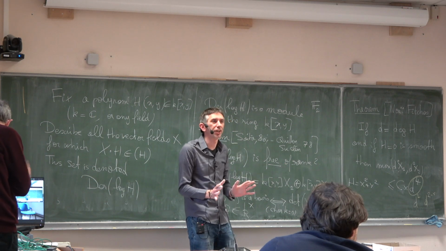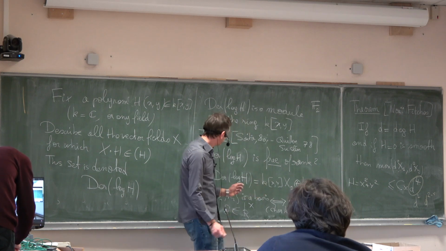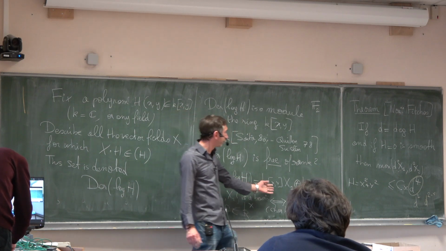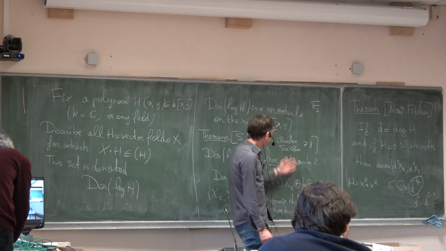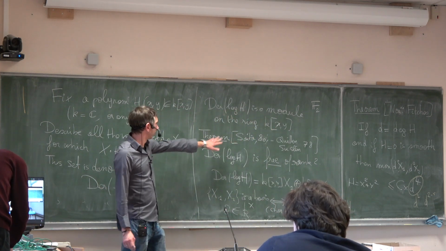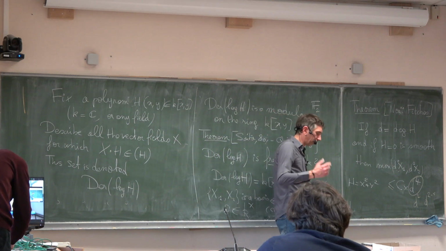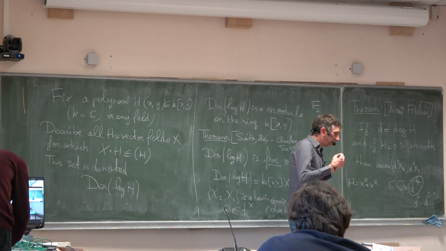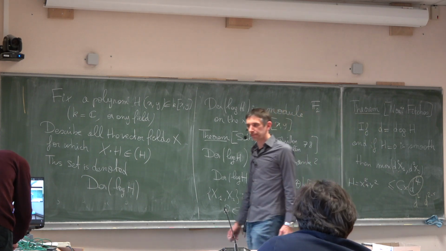So there is something strange here. But still, you get all the derivations, and all the derivations form a free module. So the theorem is true, but the characterization is no more true. So you can put here any field, and I made a lot of computations with F2 with Singular and so on. And what is strange is that I never found such a high bound in these computations.